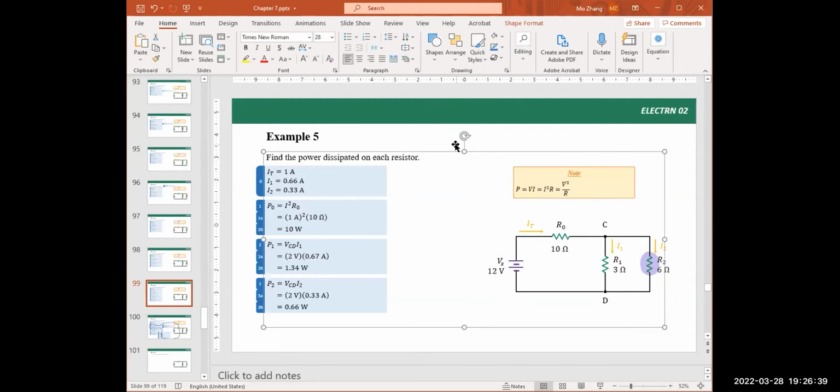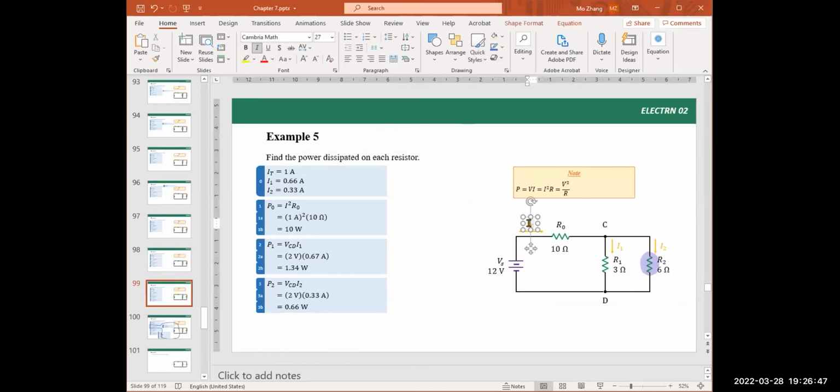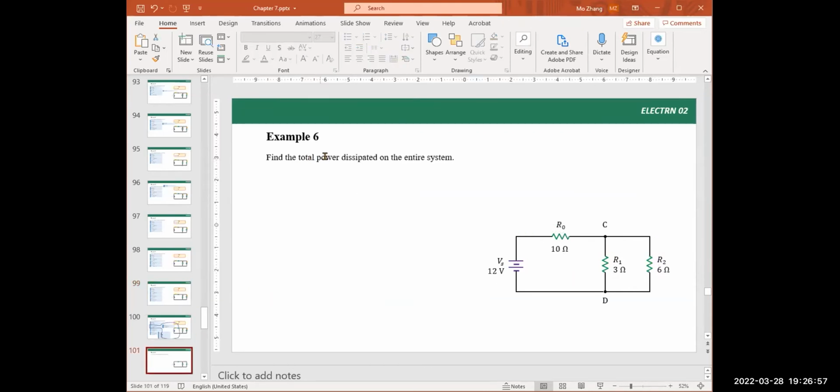It's a series of questions, related to each other. The first one, find the total resistance. The next one, find the current. Once we know the current, we can find the voltage drop here and then the voltage on every branch, and then find the power. And then usually the last step is to find the total power dissipated on the system.